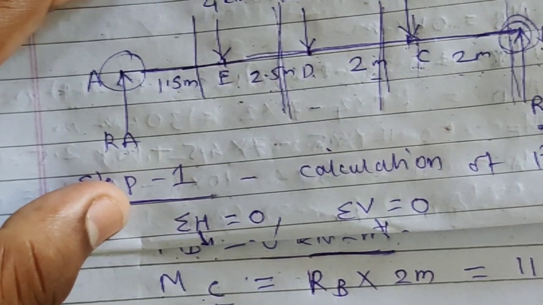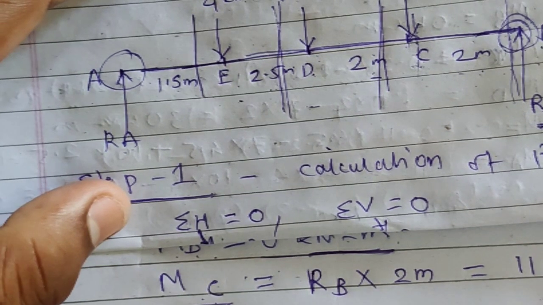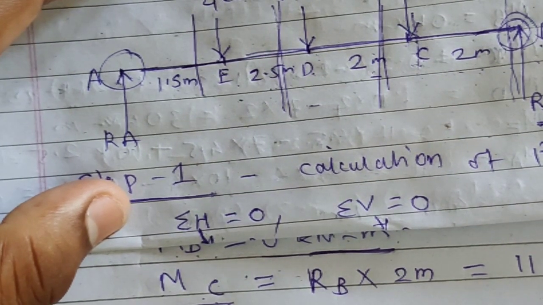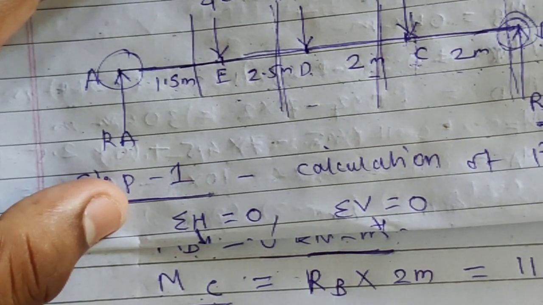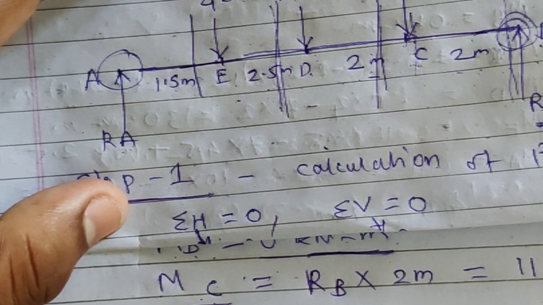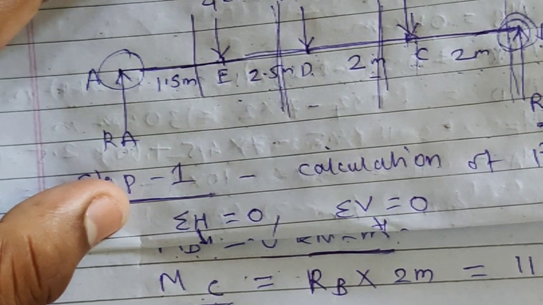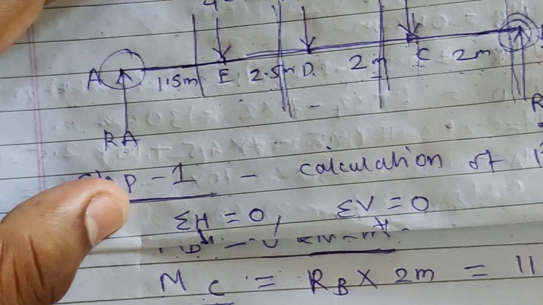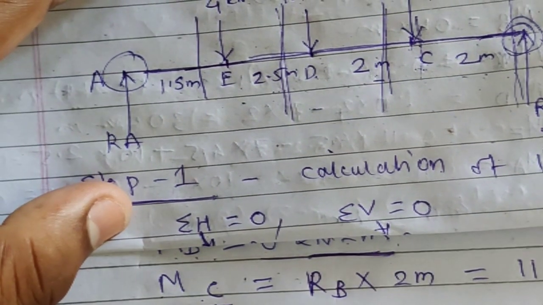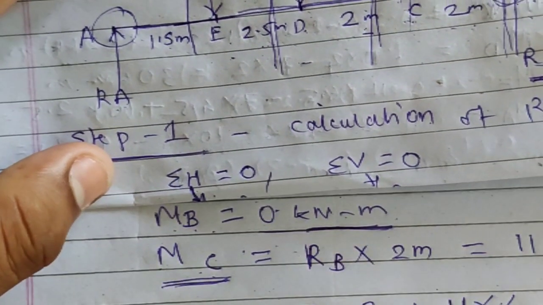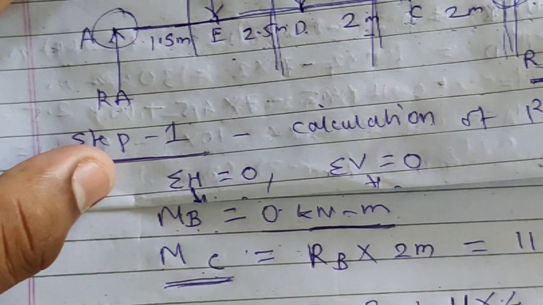This is 11 into 4. So 44 minus 14, the answer is 30 kilonewton meter. So my bending moment at D is 30 kilonewton meter.